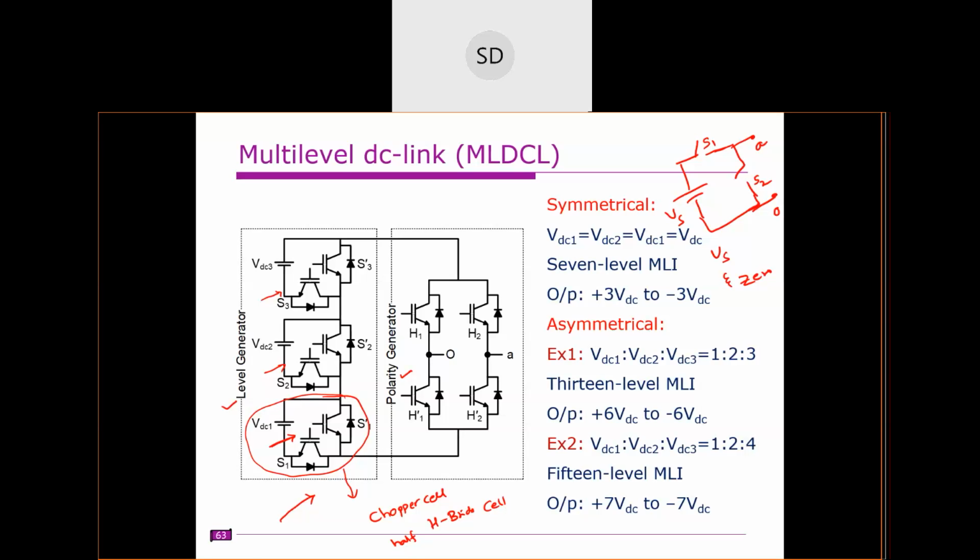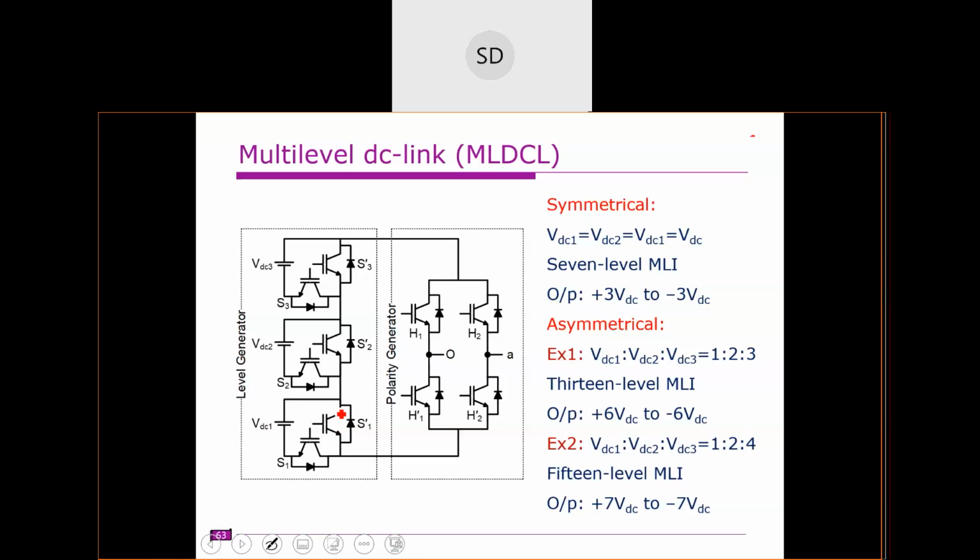These chopper cells are connected in series. This is one chopper cell and another one.